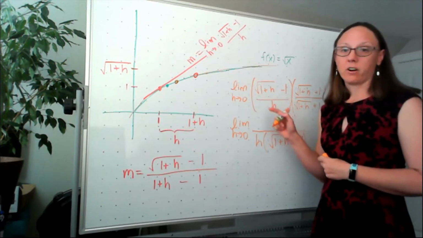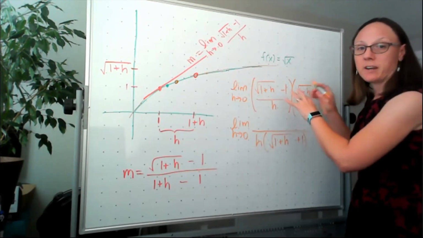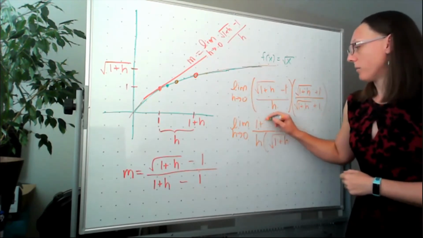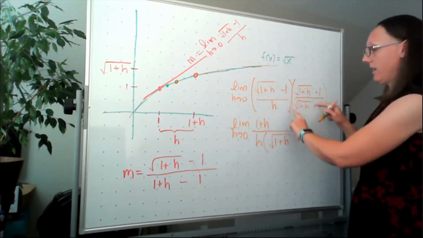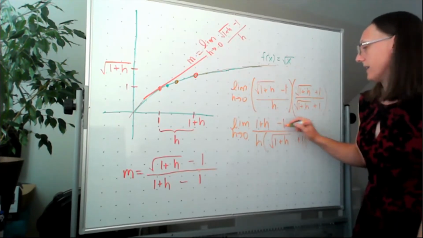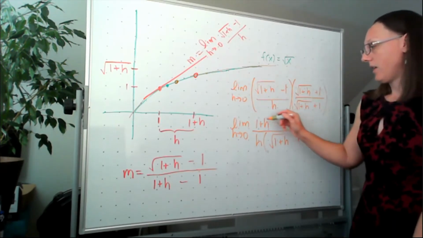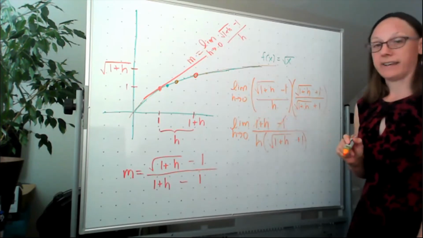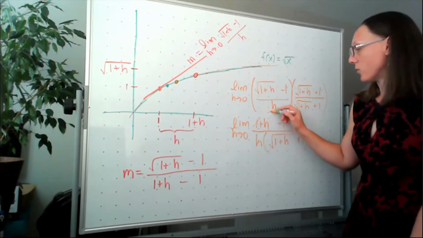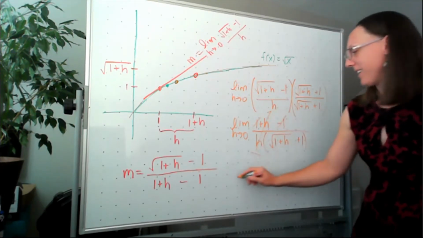And in the numerator, the reason we multiplied by the conjugate is so that those middle terms would cancel. So I'm going to end up with 1 plus h, middle terms cancel, and then negative 1 times 1 would be minus 1. The 1 and the negative 1 cancel out. h over h turns into a big giant 1 for me.